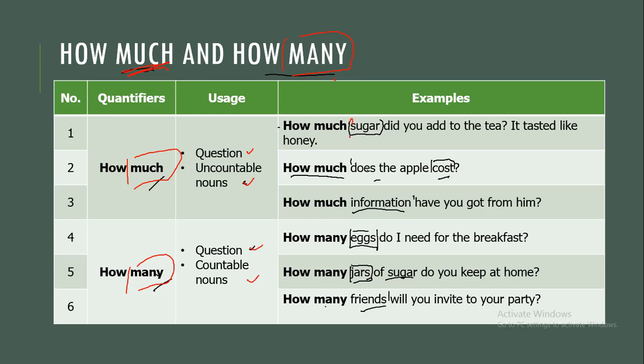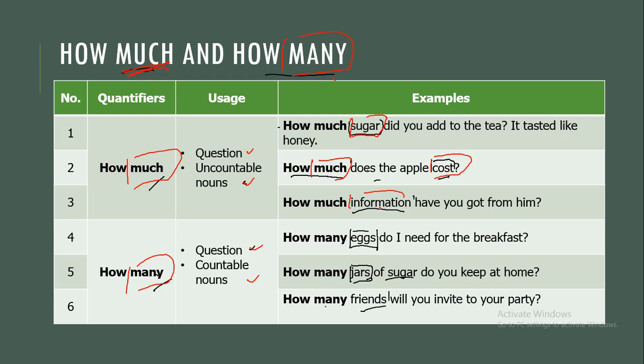For example, sugar is uncountable, so that's why we say how much. The cost, or how much something costs, means we are dealing with money. Absolutely, we will use much, not how many does the apple cost, but how much does the apple cost, and how much information. Remember, information is an uncountable noun.